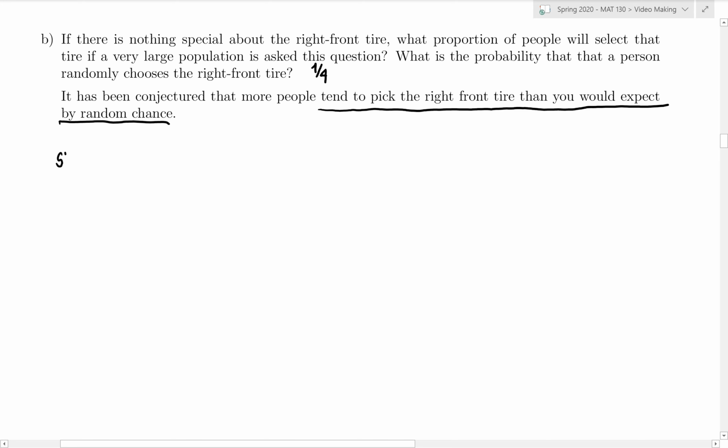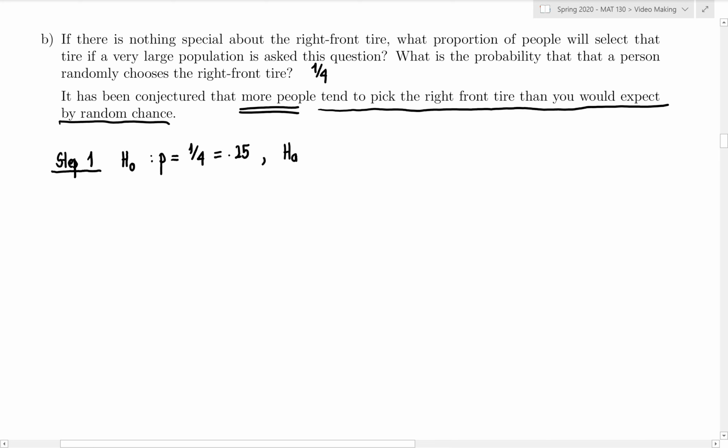So in this case, step 1, our null hypothesis is that the population proportion is 1/4, or 0.25 in decimal. Our alternative hypothesis: it is conjectured that more people pick the right front tire than you would expect.